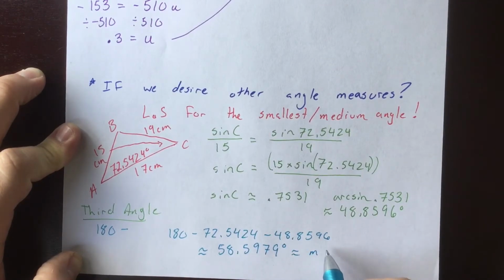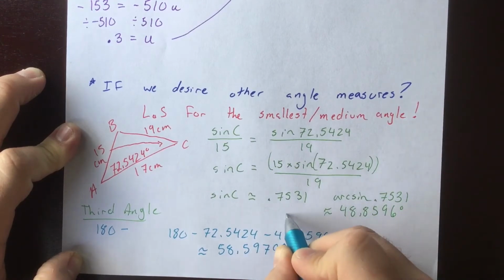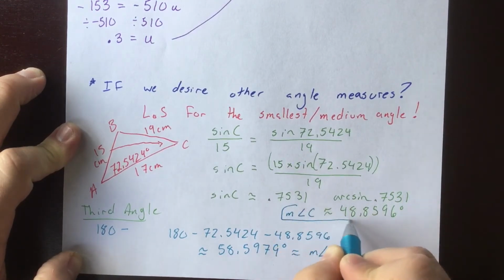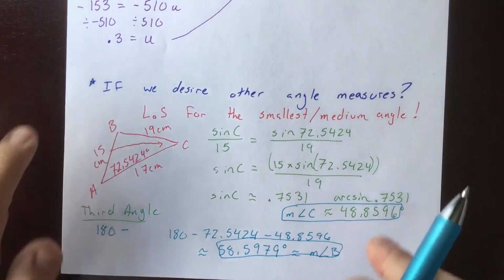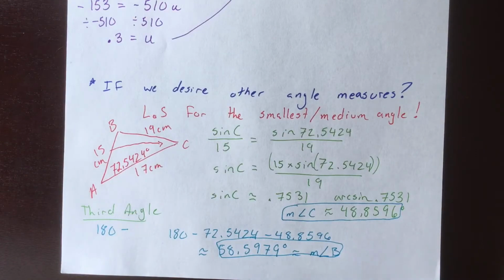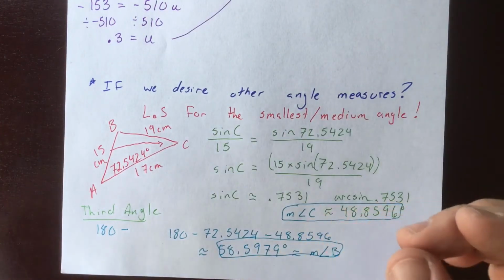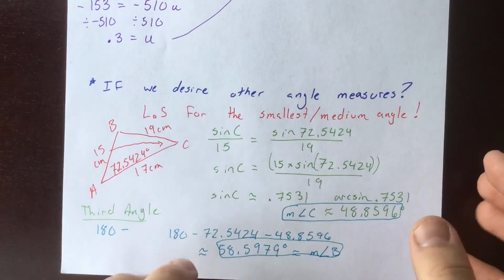And this will be the measure of angle B. So again, a little bit of a lengthy problem, but ultimately not that bad as long as we follow these guidelines. That law of sine cannot be used until we find that first thing.